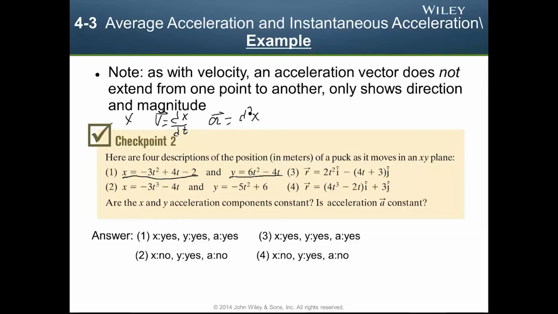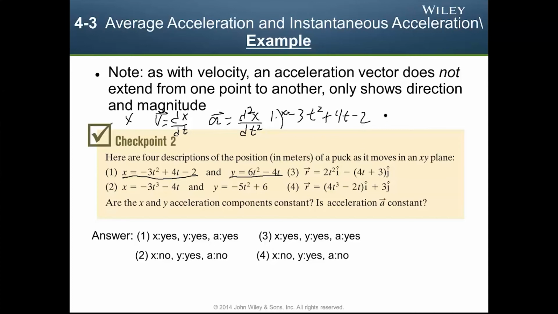I'm going to write it like this because it's not written like this anywhere in the PowerPoint. When you have the position, which is this x, you take the derivative twice, and that'll give you acceleration. If you take the derivative once, that gives you the velocity. So if we do example 1 here, we have minus 3t squared plus 4t minus 2. If this is x, I'll put x equals here.